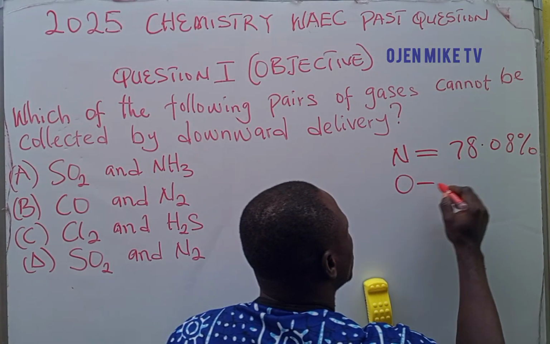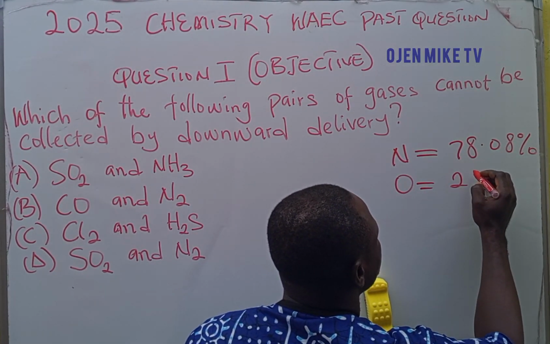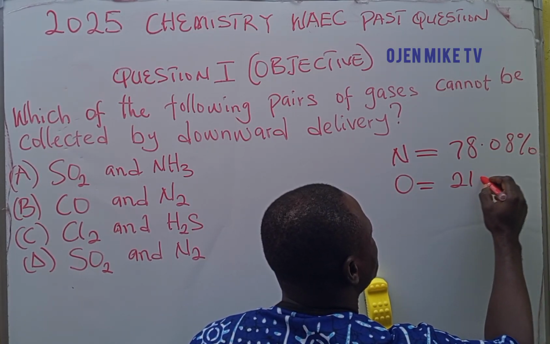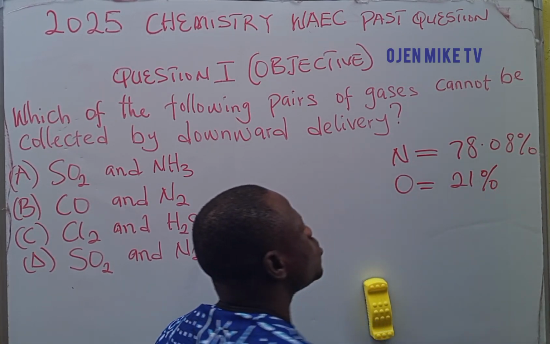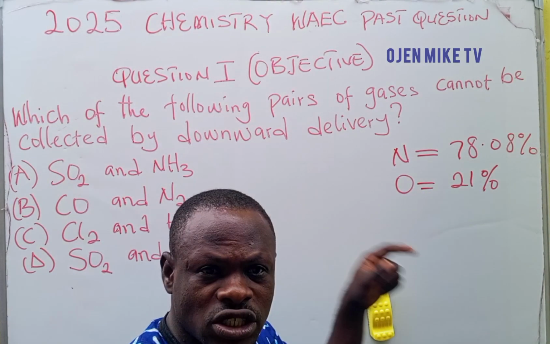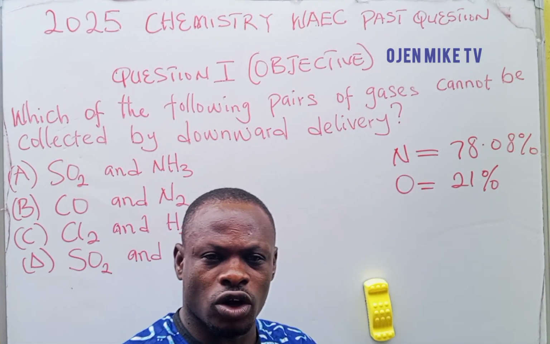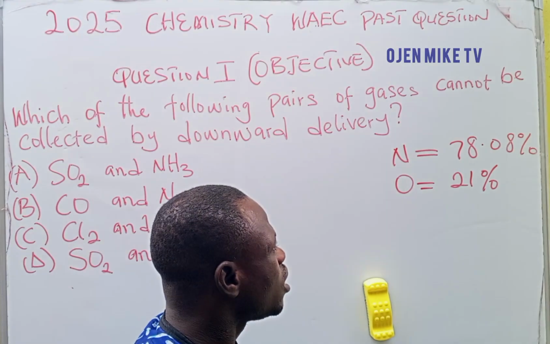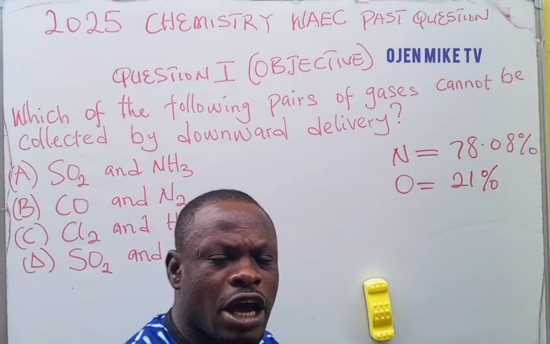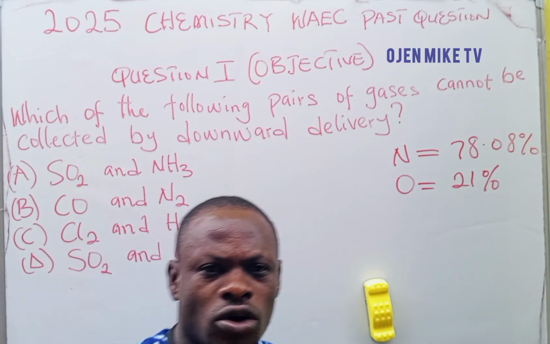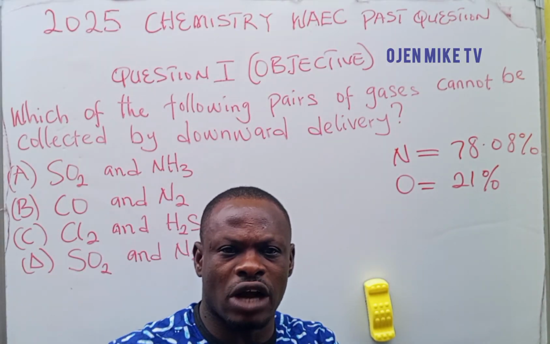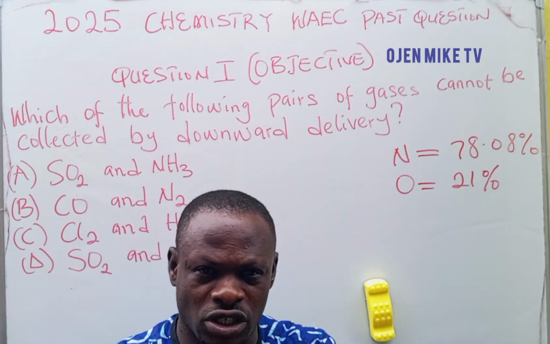Oxygen is about 21%. If you add these two together, it's about 99%. The others, carbon dioxide, rare gases and water vapor, complete the rest, a very small fraction.